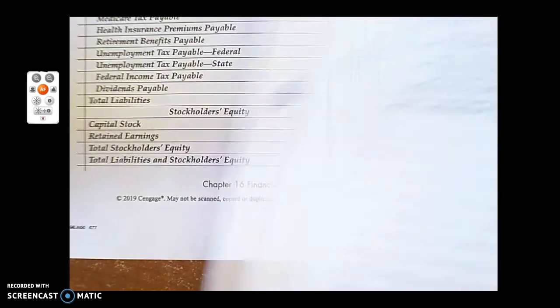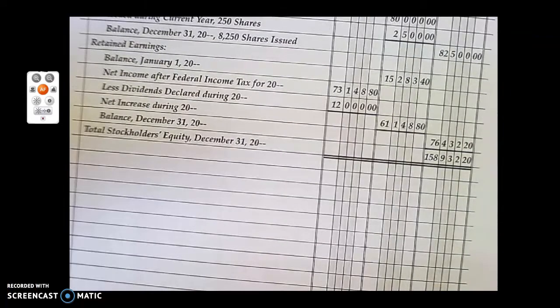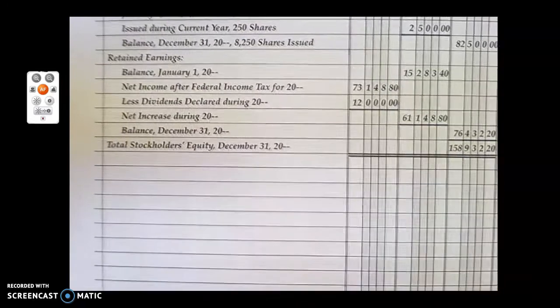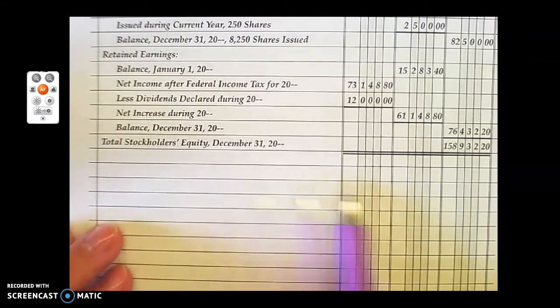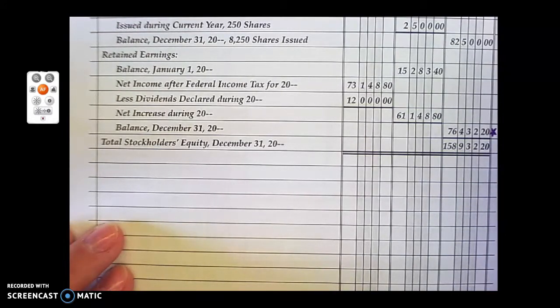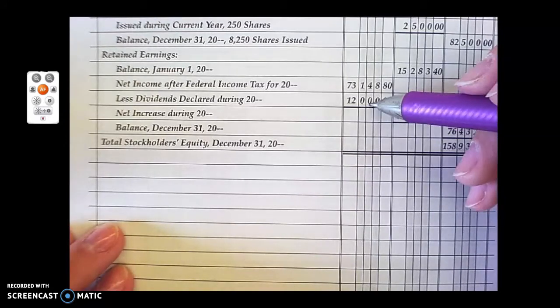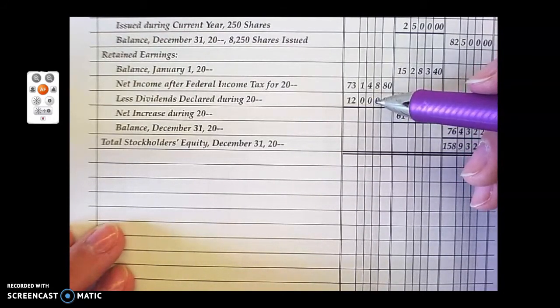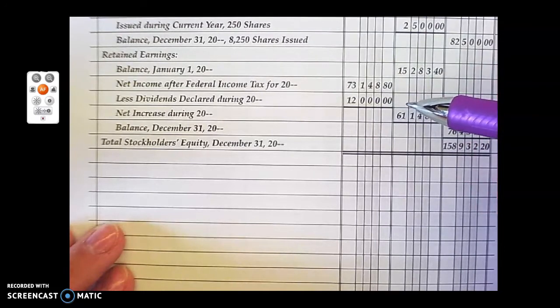So if you look at your 16-2 work together, you will find our balance for retained earnings. We don't want to look at the total stockholders' equity. We want to look at this number right here, our balance of retained earnings, because that's the number we're looking for. And this already subtracts our dividends from here as well. So if you're looking at your adjusted trial balance and you see dividends are on there, don't worry, it's already been calculated in there.